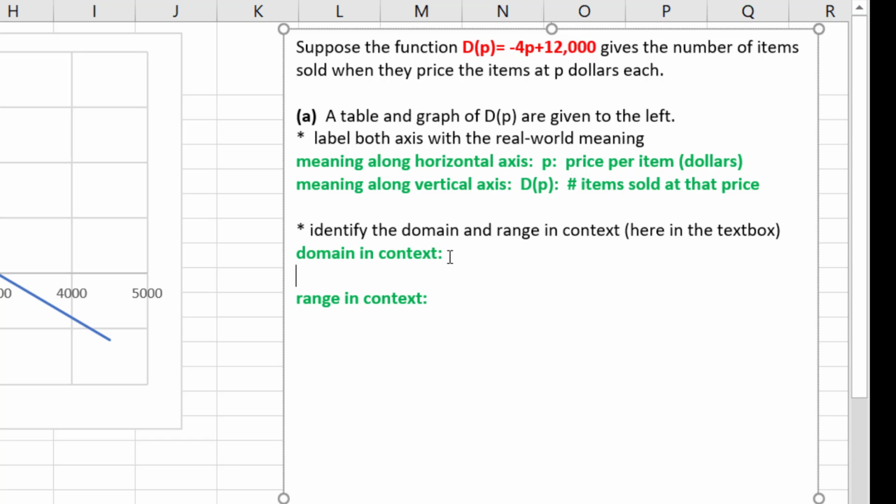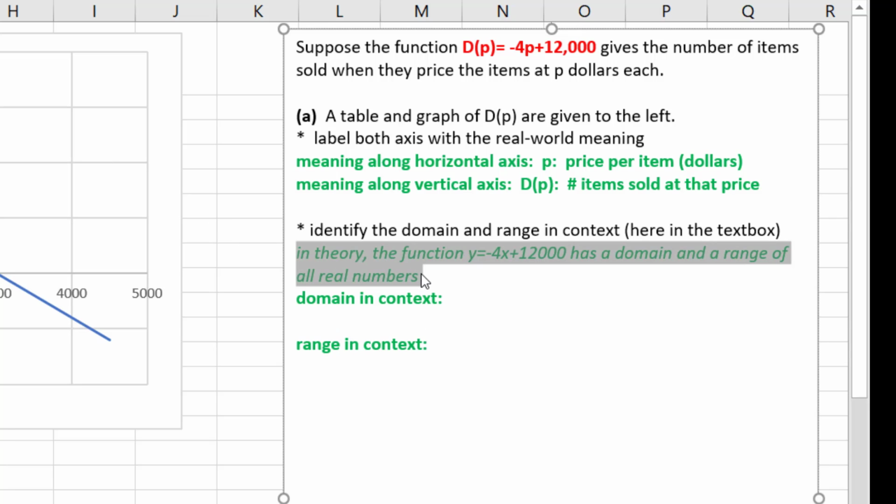Before we find domain and range in context, you should have a sense of the domain and the range in mathematical, theoretical terms. So I'll first note that the function we're dealing with here has a domain and a range of all real numbers. The reason I know that is that when you look at this function, d of p, you can plug in any number for p, multiply that number by negative 4, then add 12,000, and you will get a real-valued output.